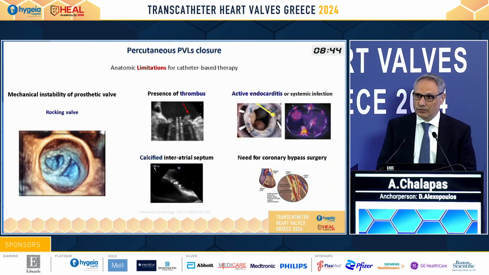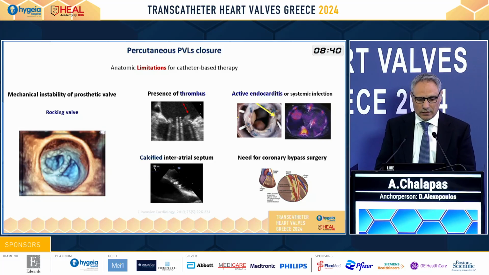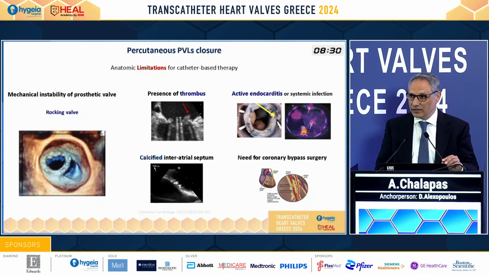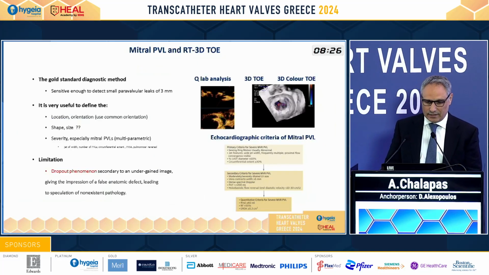Limitations to proceed through the percutaneous approach to close such defects are severe instability of the prosthesis, the so-called rocking valve, the presence of thrombus, active endocarditis, and of course when another operation must be done.